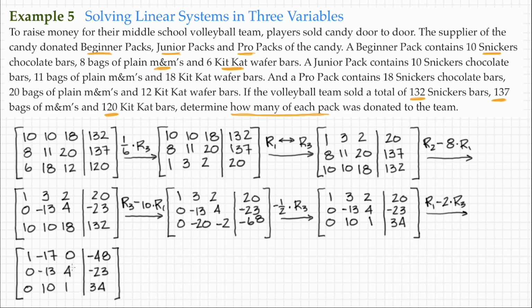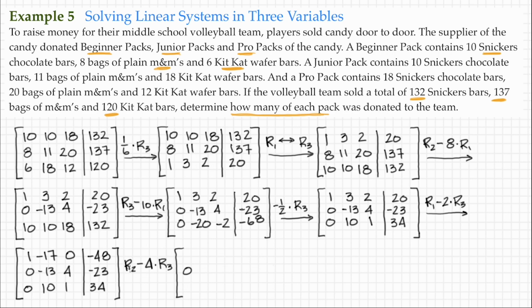So now we can target this value here. So we'll do row 2 minus 4 times row 3. This winds up being 0 here. Then 10 times 4 is 40.